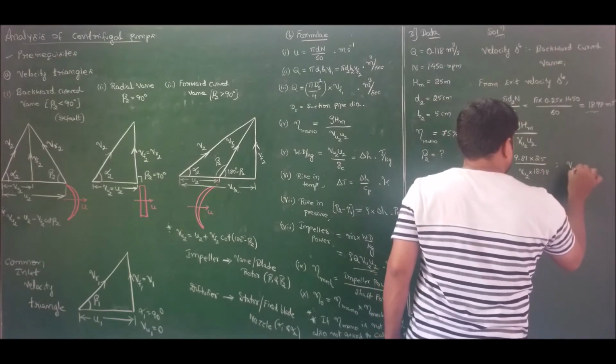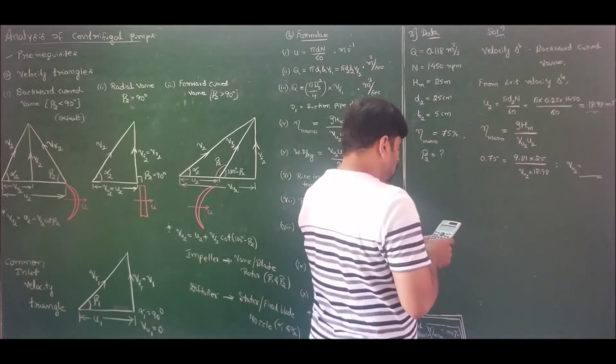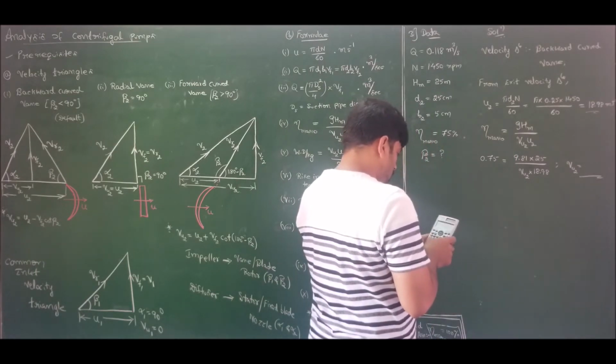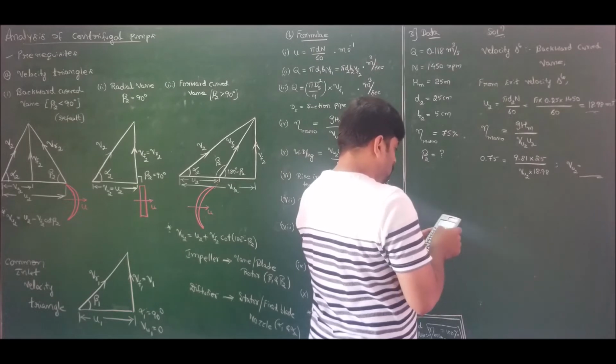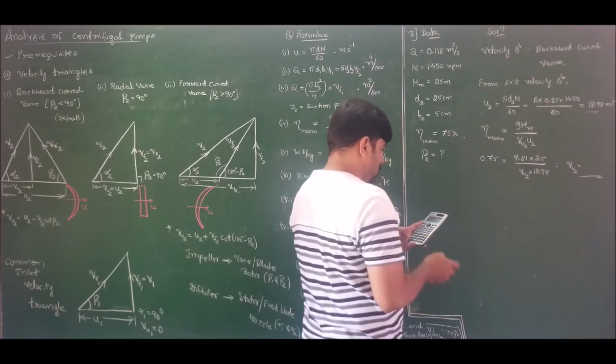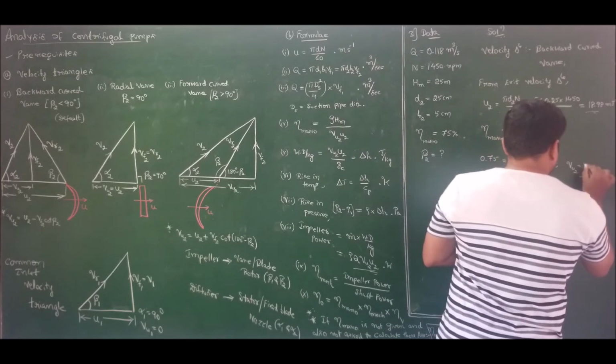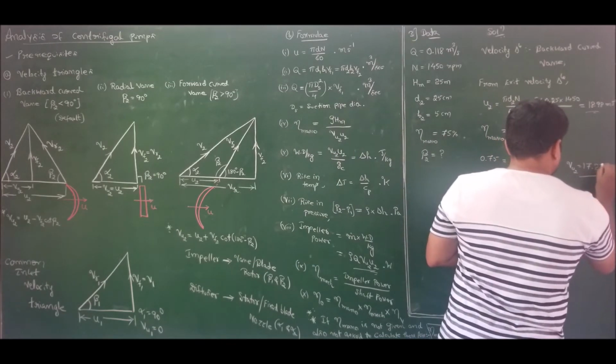If I solve, I will get the value of VU2 as 17.23 meters per second.